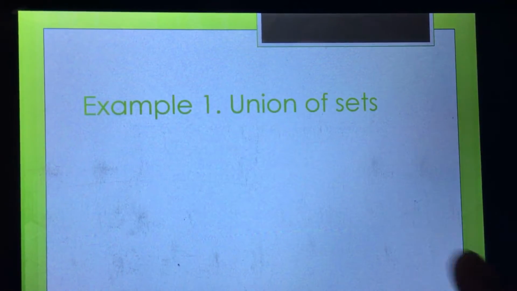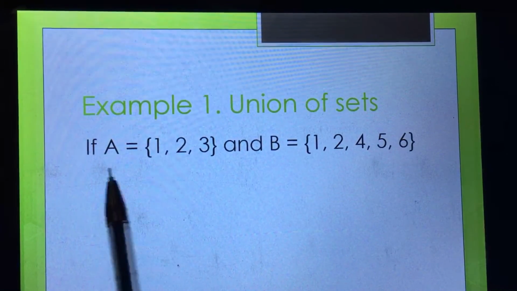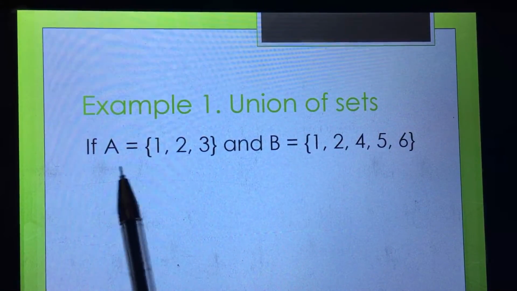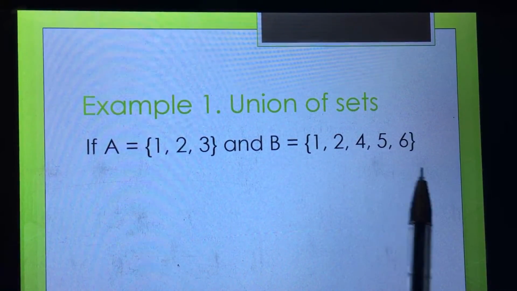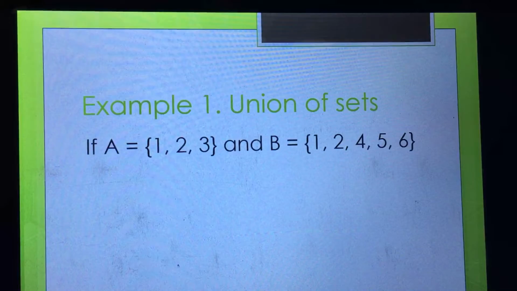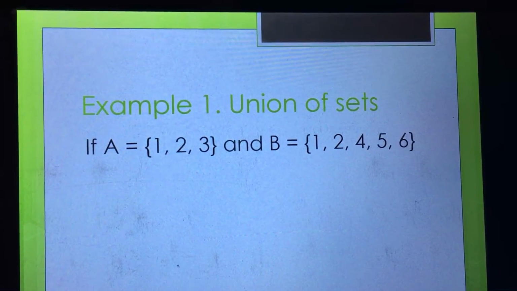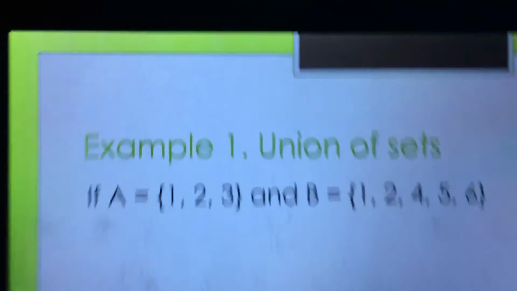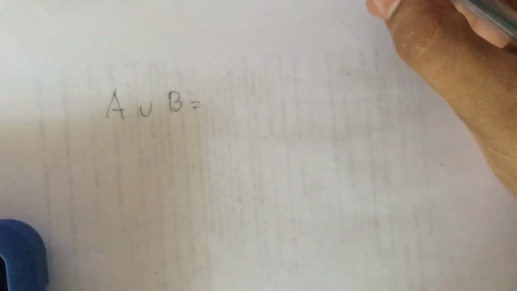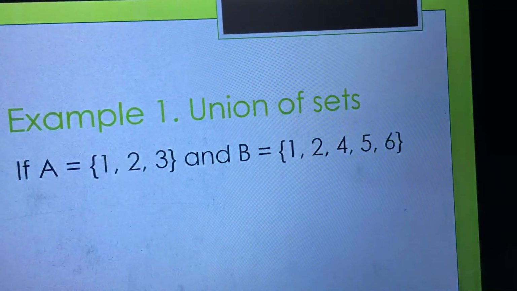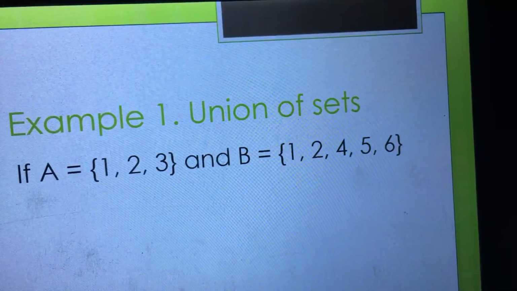Example: if A has the elements 1, 2, and 3, and B has the elements 1, 2, 4, 5, and 6, if you are going to combine this one, the elements would be like this. A union B is equal to 1, 2, 3, and 1, 2, 3, 4, 5, 6. Let us combine this one.